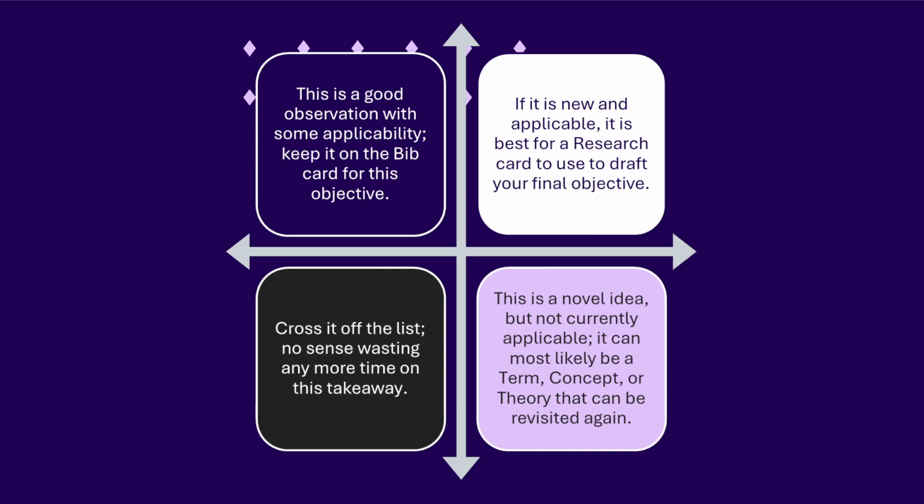I might come across something in an article that I've never heard of, so it's new, but I'm not really sure how it would fit into the scheme of things. An example of that is the theory that we had looked at earlier, the adaptive structuration theory, a framework that aided in understanding the interplay between technology and social processes within organizations.